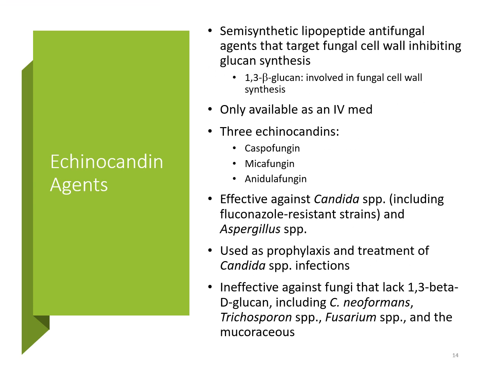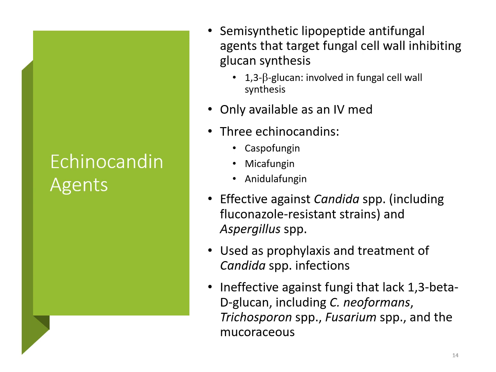Echinocandin agents work by targeting the fungal cell wall, inhibiting the glucan synthesis. These meds are only available as an IV med, but they are very effective against the Candida species and Aspergillus, and they can be used as a prophylactic treatment, as well as just treating the Candida species.